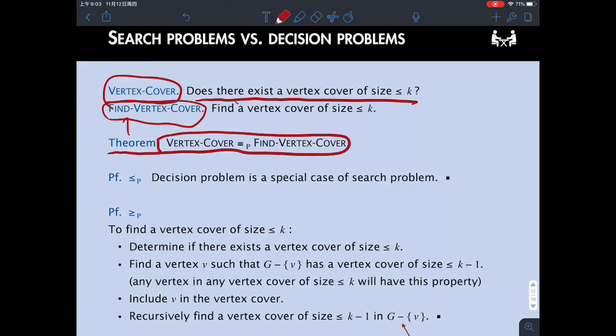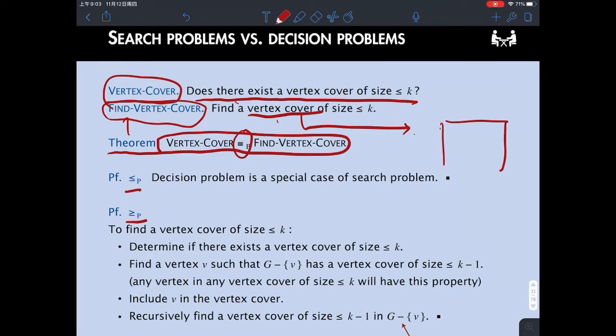Again, when we say equivalence or reduces to each other, there are always two directions, right? The first direction is easier. Basically, if you are able to help me search for a vertex cover, then I'm able to solve the decision version of the vertex cover, right? Let me be more concrete.